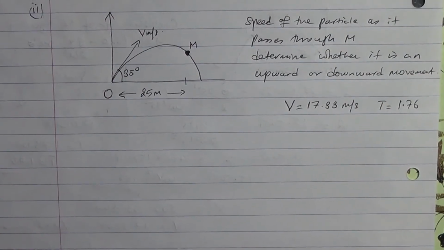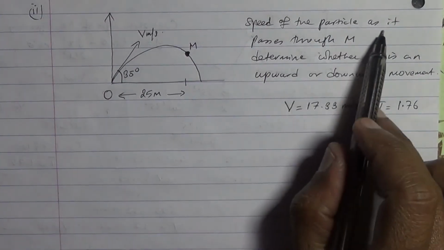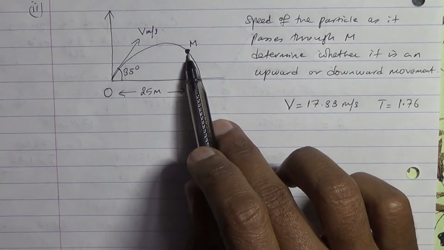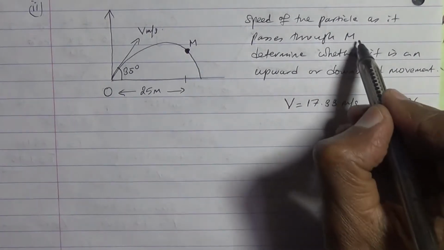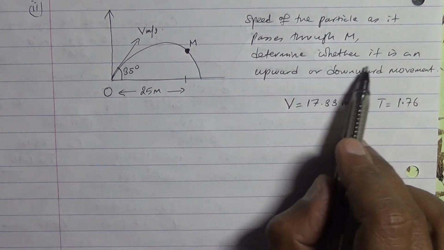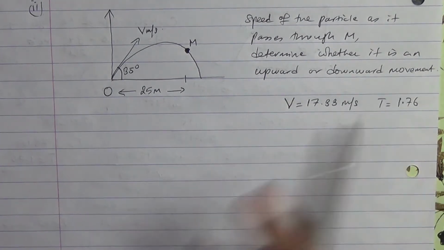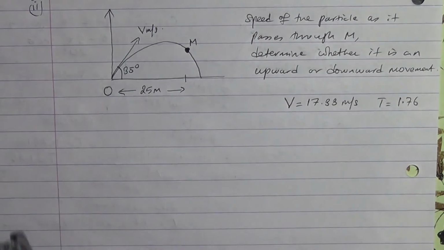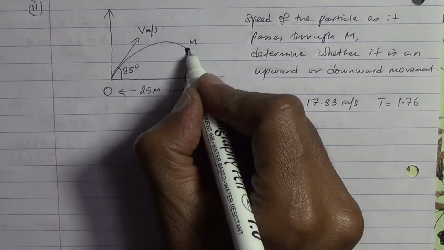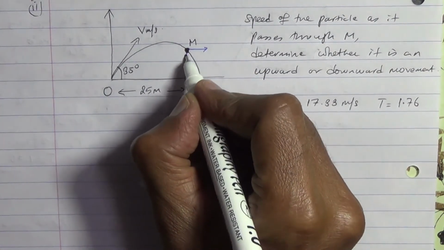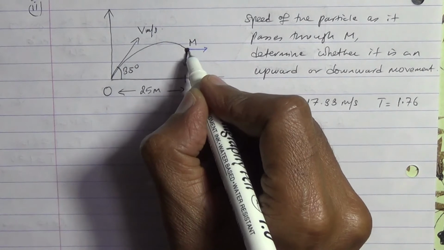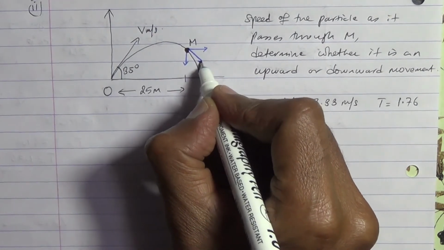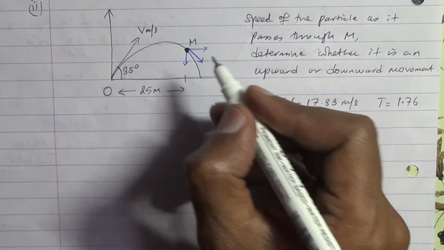Okay, for the second part of the question, we need to find the speed of the particle as it passes through M, and also determine whether it is moving upward or downward. First of all, I want to find what's happening here. As we can see, there's a horizontal component, here's our vertical component, and here's the resultant.